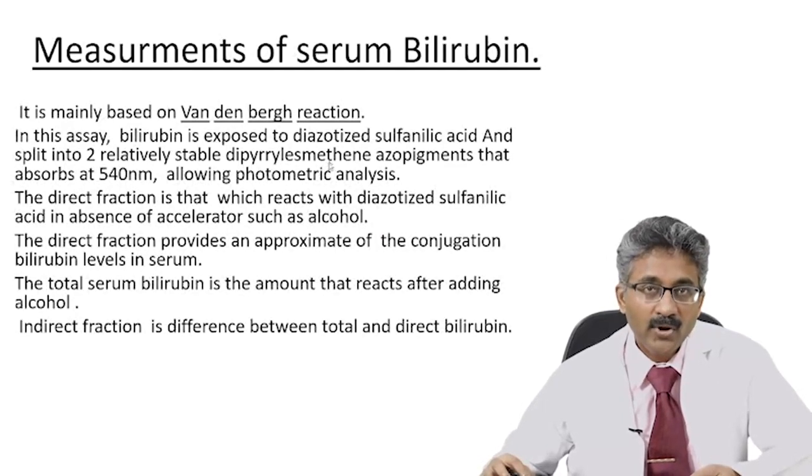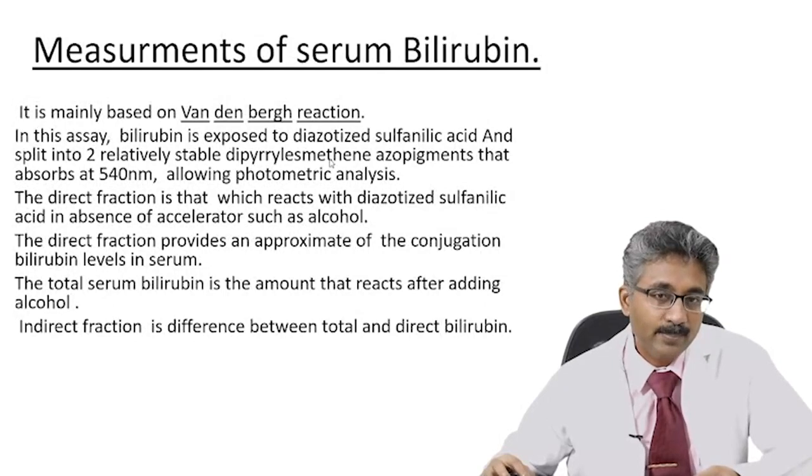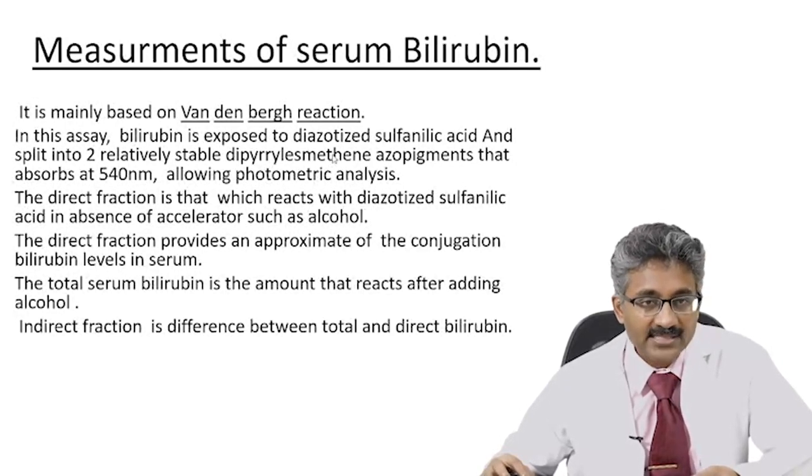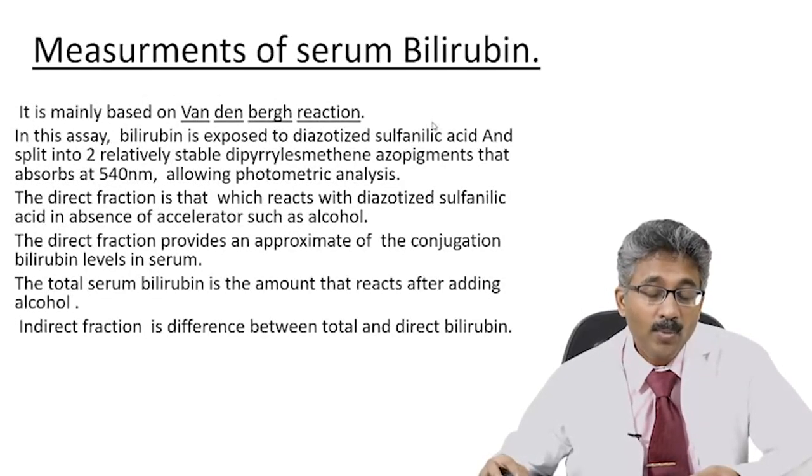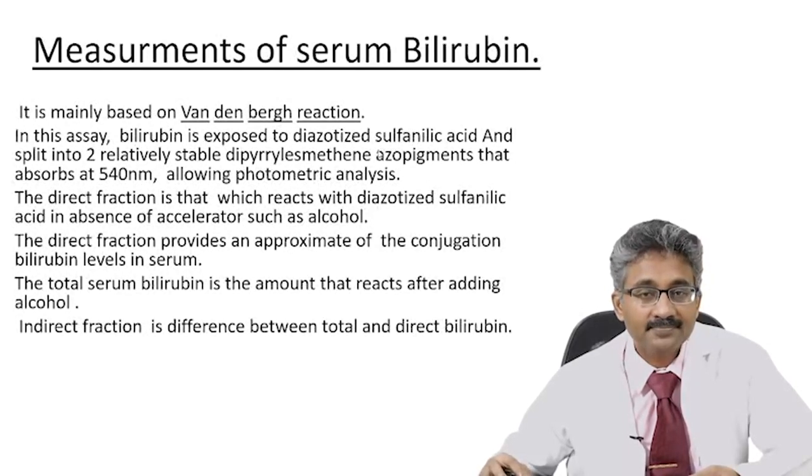Now, biochemically, how do you measure the serum bilirubin? Serum bilirubin is measured by the Van den Bergh reaction. First, the bilirubin is exposed to sulfanilic acid without the addition of alcohol. The part of the bilirubin which reacts with the sulfanilic acid without alcohol is the direct fraction.